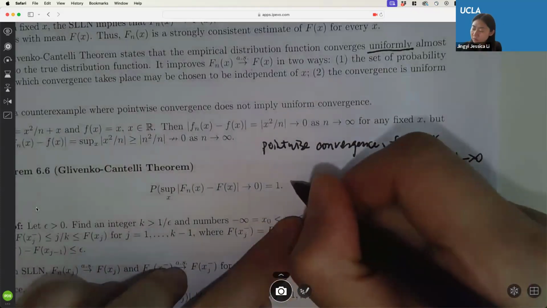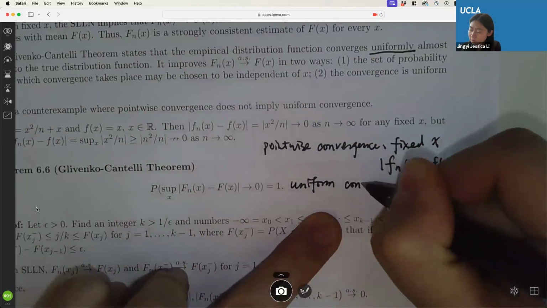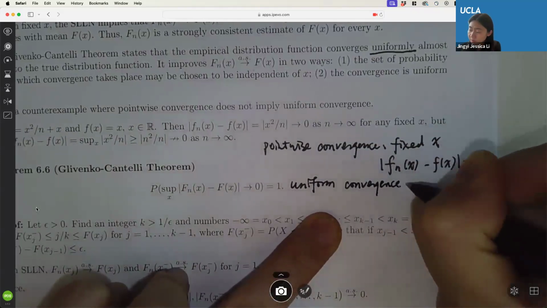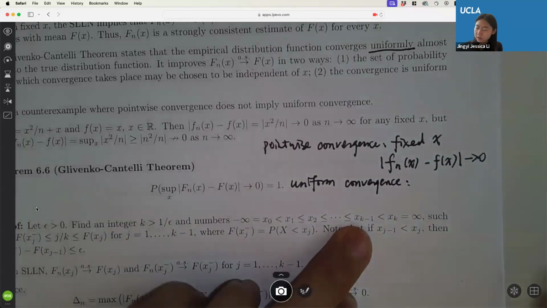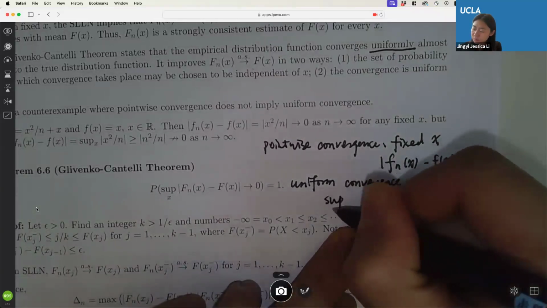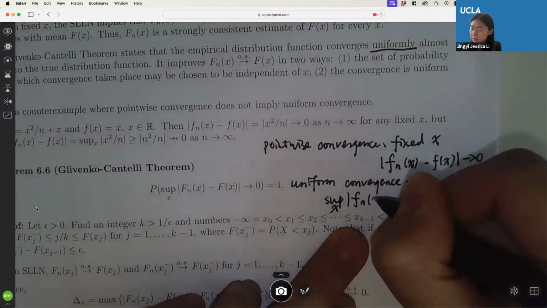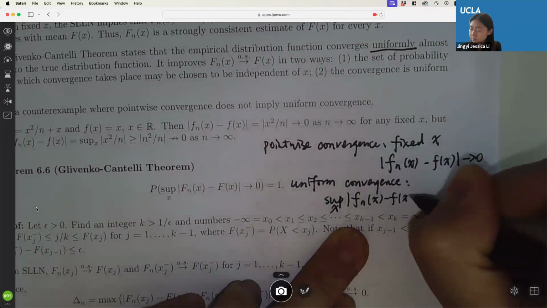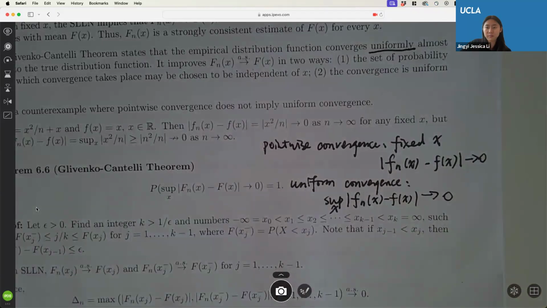But for uniform convergence, you're not fixing x. You're considering all possible x. So you need to look at the supremum across all values of x of this difference. You need the sup to go down to 0. So it's a much stronger requirement. Okay.